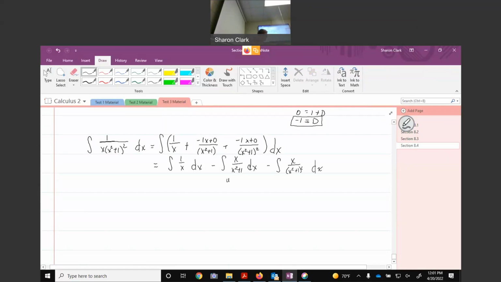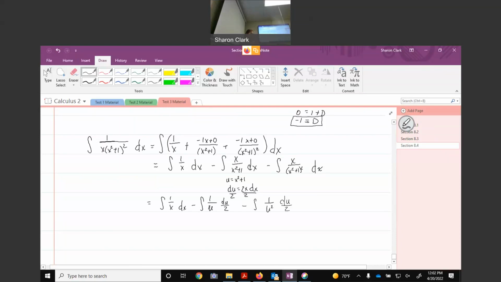We're going to let u equal X squared plus 1, then du equals 2x dx, so I need to divide by 2. So this is the integral of 1 over x dx minus the integral of 1 over u du over 2 minus the integral of 1 over u squared du over 2.